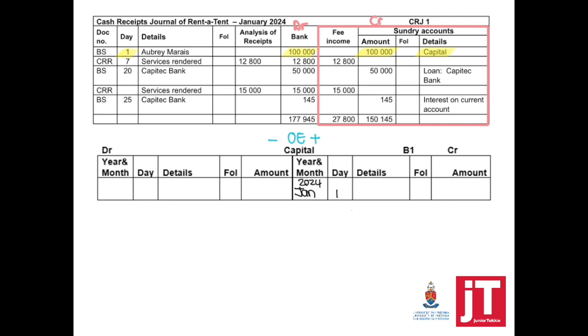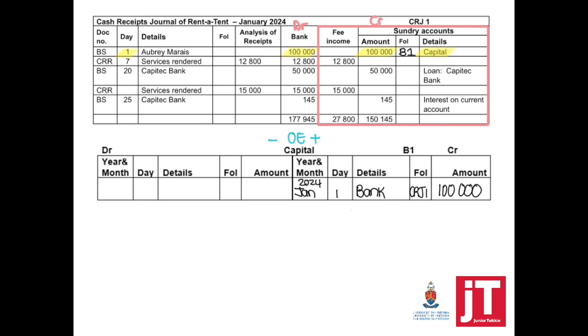And now the details means which is the contra account. Where did we take that money to? The business received money, so bank was debited. It means that capital is going to be credited. Now we need to say from where did we get this information? We got it from the cash receipts journal number 1 and the total is 100,000.